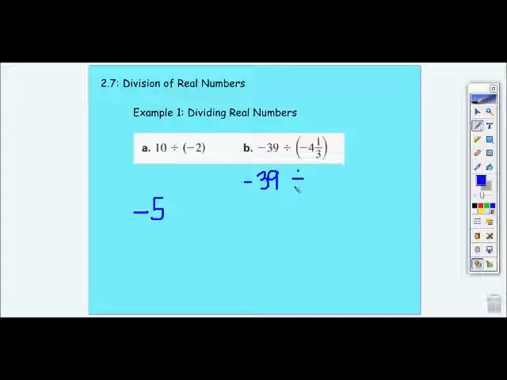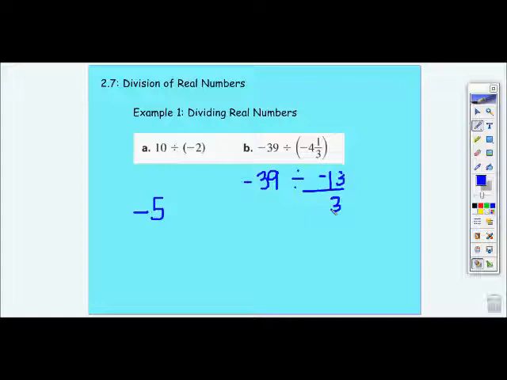Changing this to an improper fraction, I'm going to do the -4 times 3, because that means I have 4 full pies of 3 pieces, meaning I have 12 pieces. So -12, and then I have one more. So that's going to be -13 over 3.